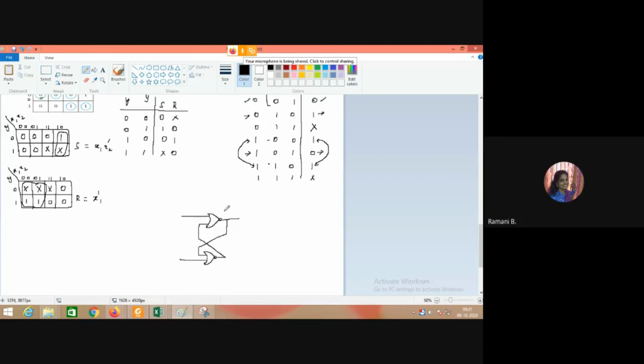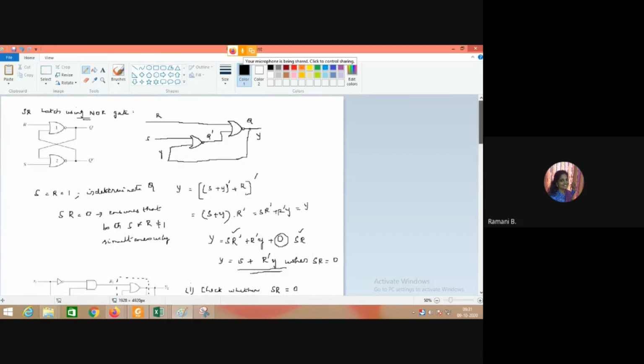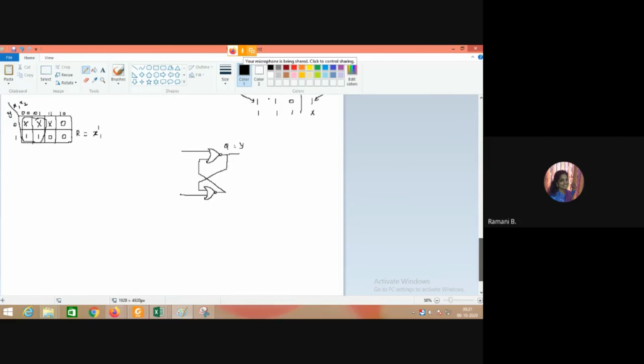So this is our Q and the capital Y. With the SR latch using NOR gates, the top one is R. This is the R input and this is the S input.